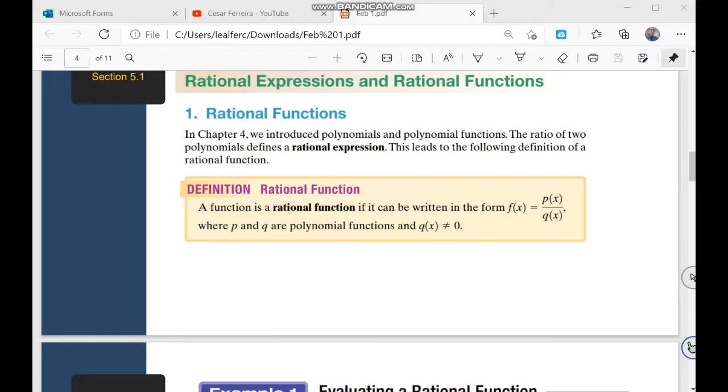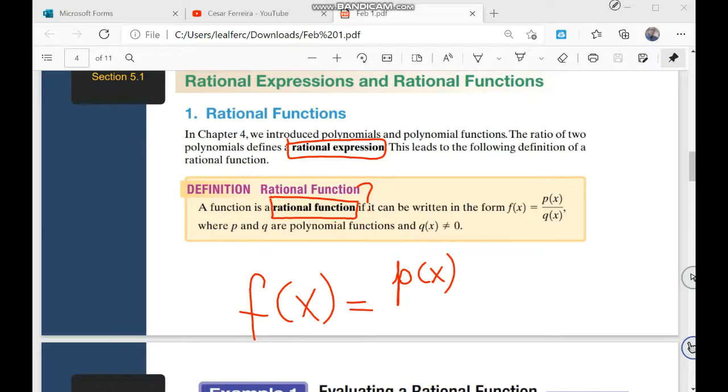Now, what is a rational function? We understand what a rational expression is, but what is a rational function? A function is going to be a rational function if it can be written in the form f of x equals p of x over q of x, a polynomial function over another polynomial function.